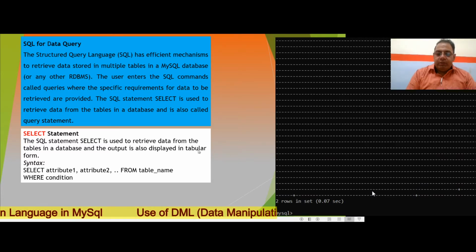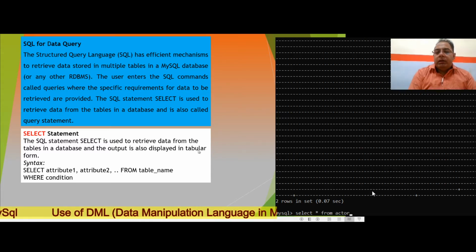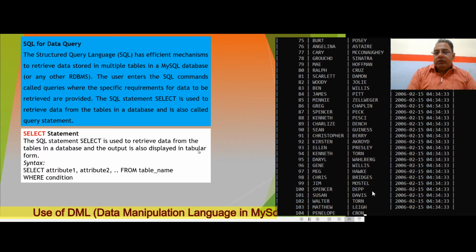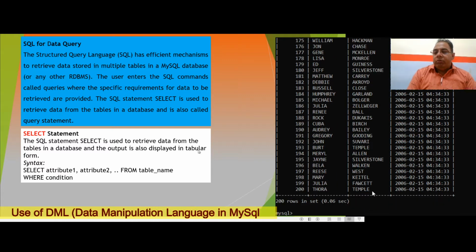Again I choose a different table, select star from actor. This is the table where we have so many columns.